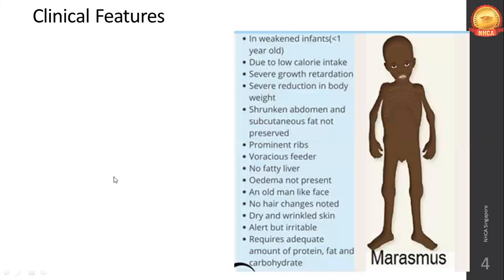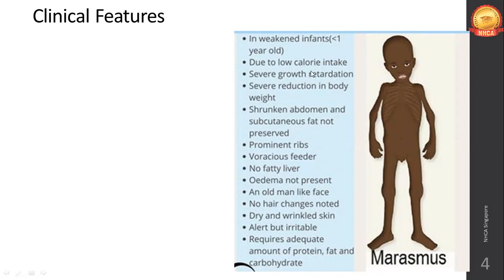So coming to the clinical features, you can refer to the textbook also for this, it's almost the same. Marasmus is usually seen in younger children, less than 1 year old. Kwashiorkor cases are seen in children who are a bit older, 3 or 4 year olds.